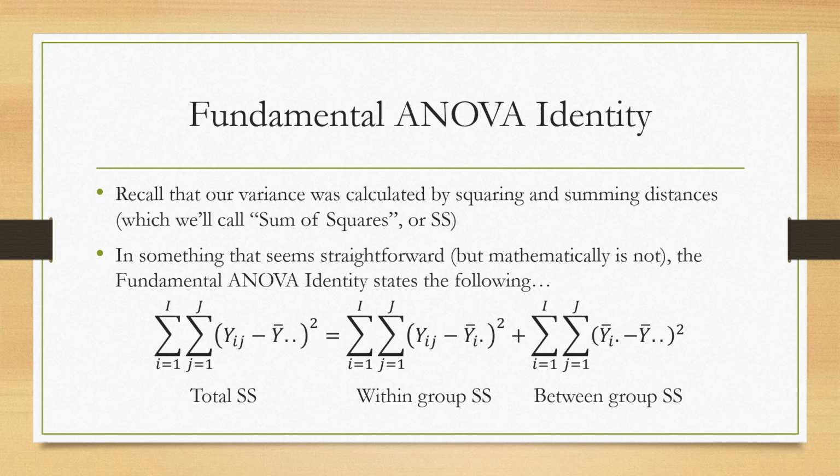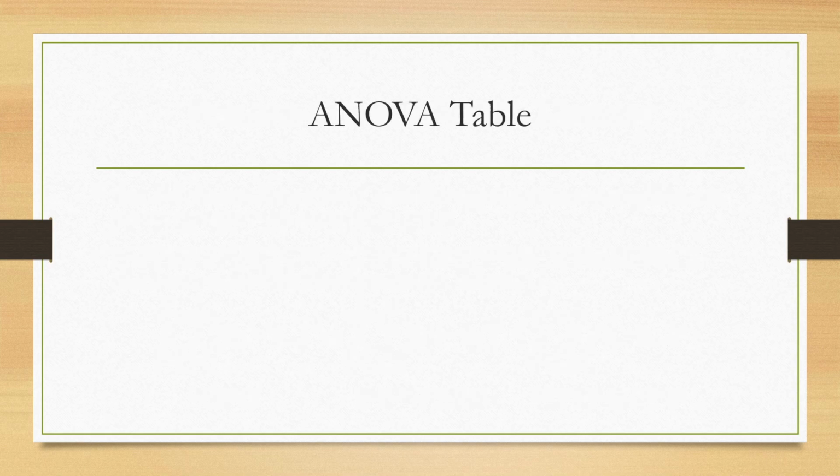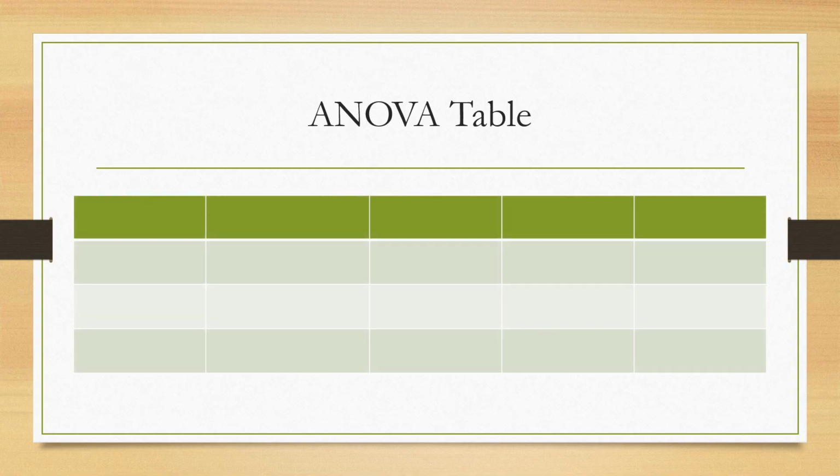All right. So let's see what this gives us. The ultimate analysis tool that we end up using in ANOVA is a table. And it's a table that's constructed through some things that we've talked about and some things that we haven't. Actually, we've already talked about most of the stuff that's going to go into here. And the table helps us keep organized in terms of our calculations.